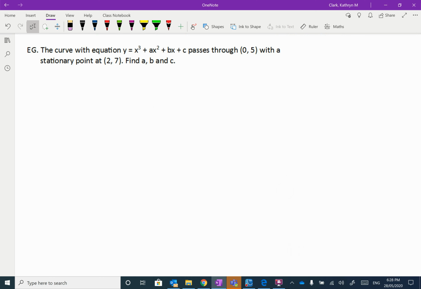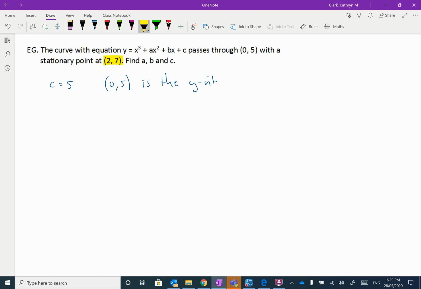Alright, well, straight off the bat here, we can say that c is equal to 5 because (0, 5) is the y-intercept. So that still leaves me with a and b to solve. So I've still got 2 unknowns here. And looking at this question to begin with, we're going, oh, well, I've only got 1 other coordinate.